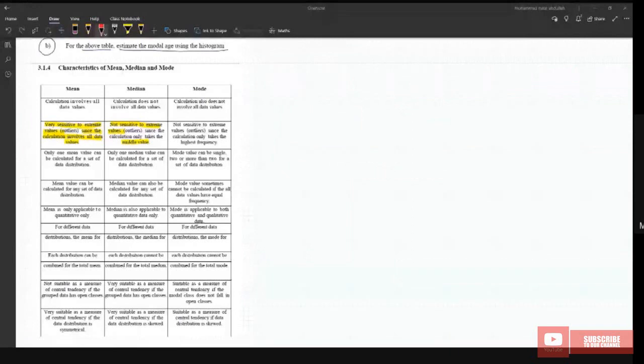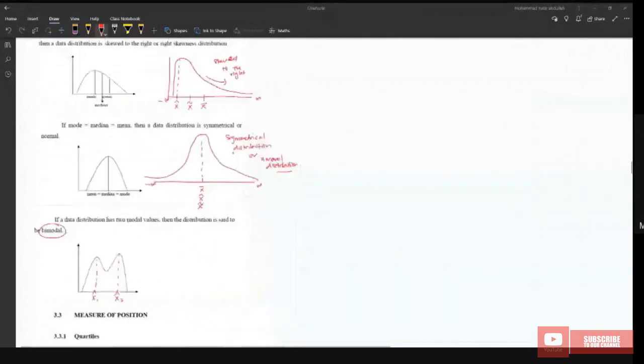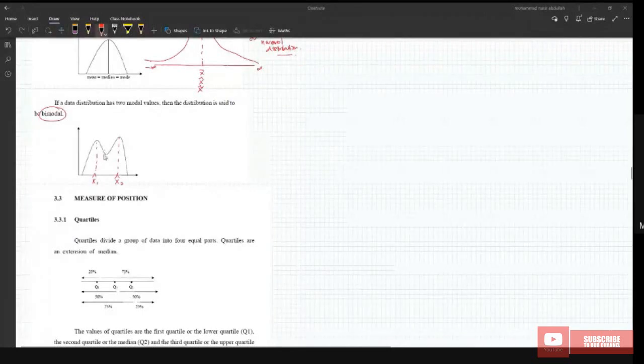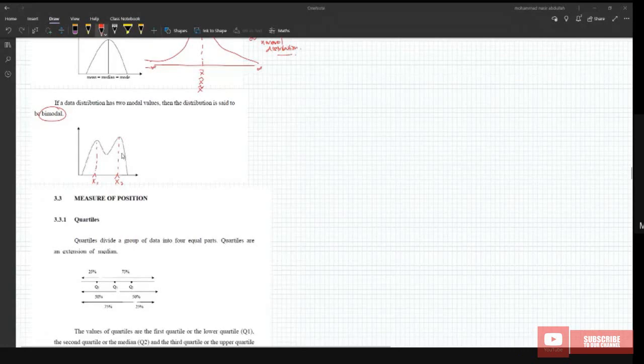Mean and median kat bimodal distribution dekat bahagian mana? So we cannot determine mean and median dekat sini. We only know mode value dekat sini, right? We really don't know where is the mean and median for bimodal distribution, right?